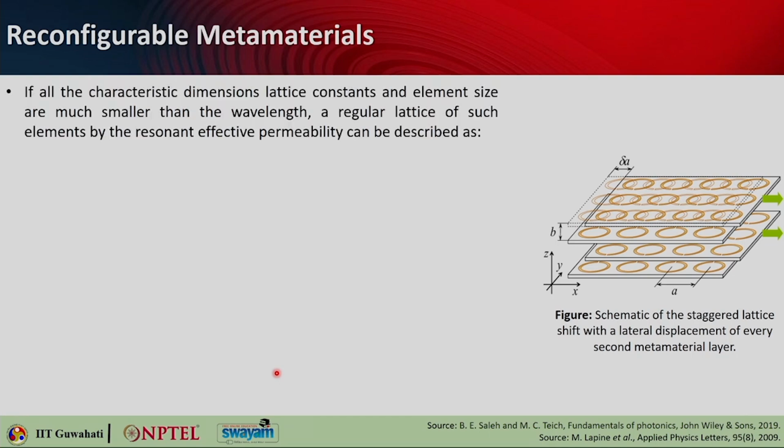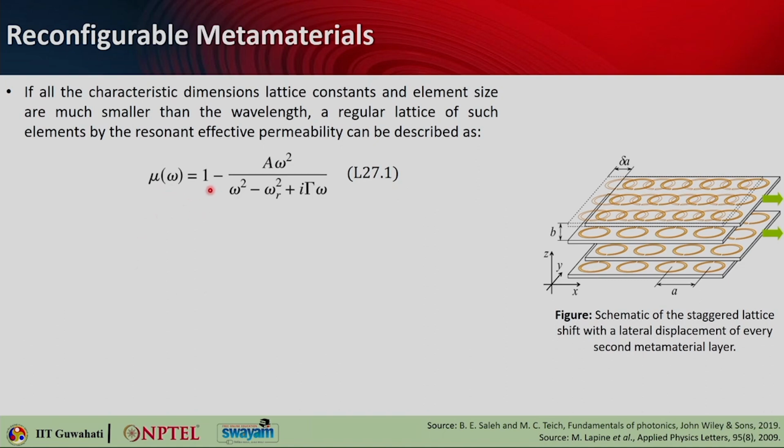Now if all the characteristic dimensions such as lattice constants and element size are much smaller than the wavelength of light that is interacting with them, a regular lattice of these elements can be described by its effective permeability, which is mu, and that is also a function of the frequency.